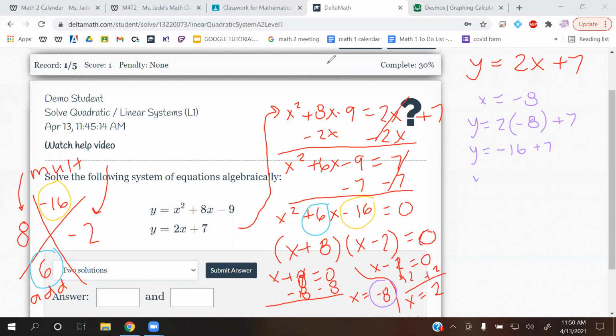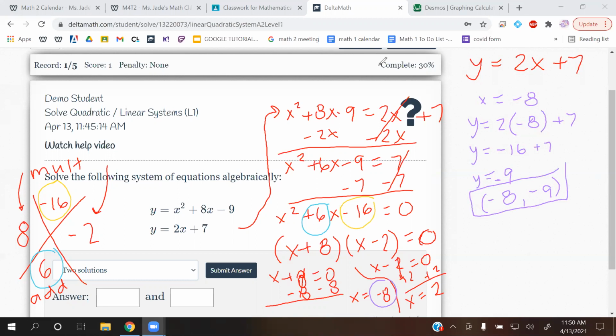And then that would be y is equal to 9. Oh, sorry, -9. Negative. And then therefore our point in x comma y format will be -8 comma -9. And then it's the -8 that pairs with it because we plugged in a -8 as our x value, and then we got -9 as our y value. So this is your first answer.